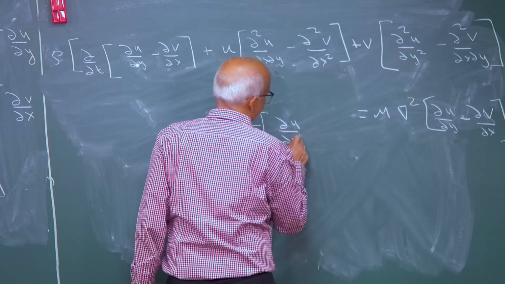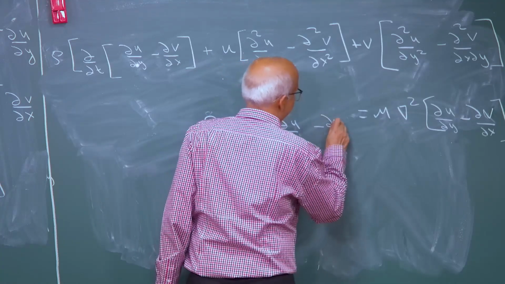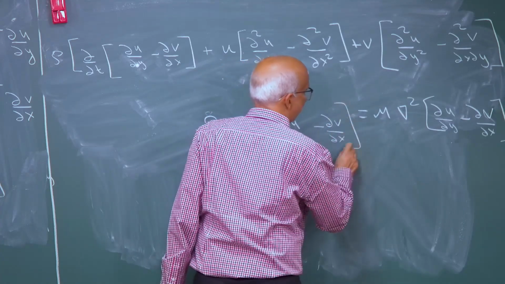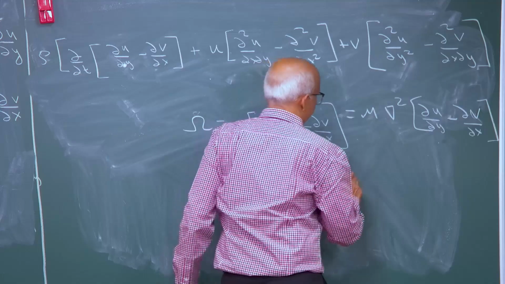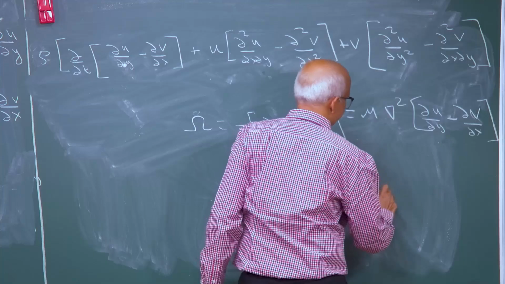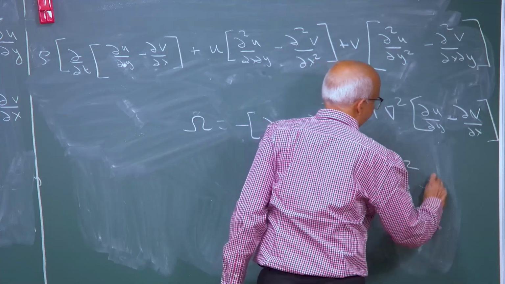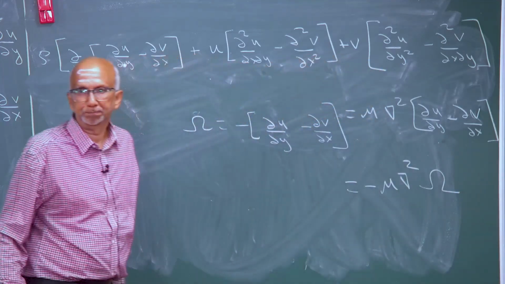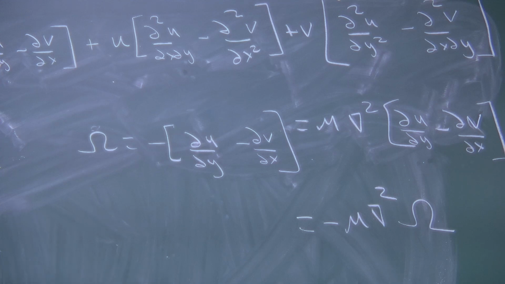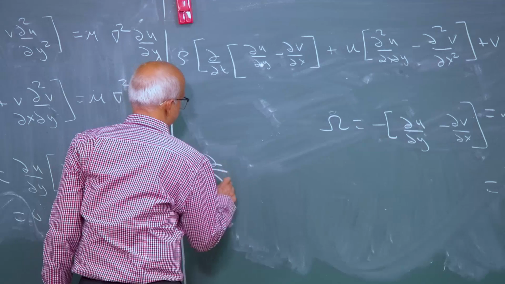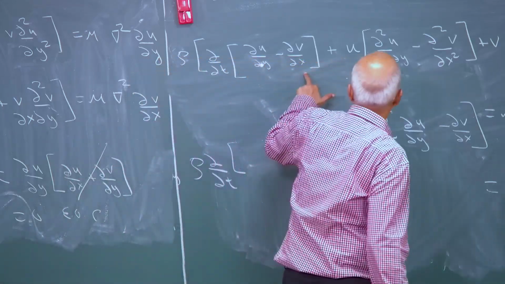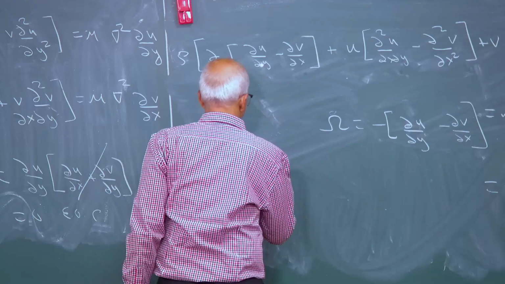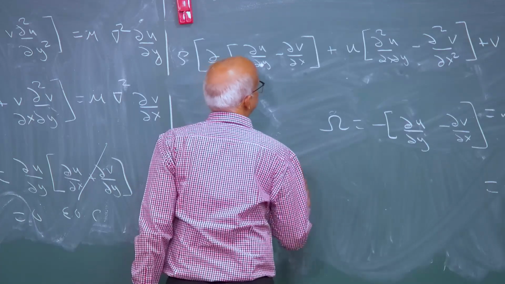I'm just going to accept whatever you say. Fine. So I'm going to write the right hand side as minus mu del squared omega, and this will be rho times d by dt of minus omega.